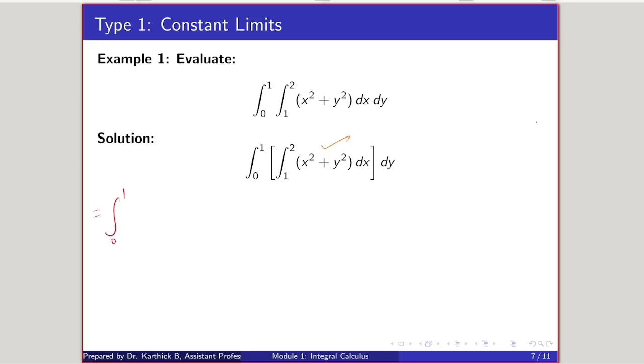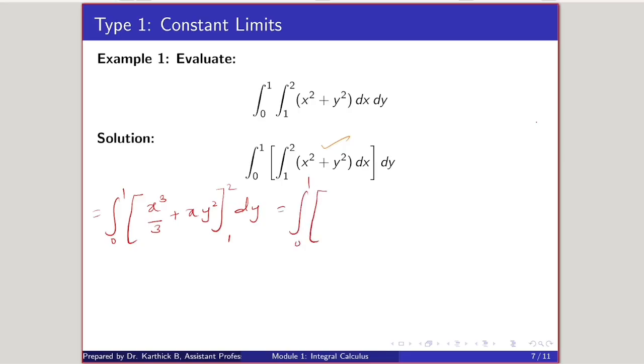I take 0 to 1, and if I integrate this with respect to x, it will be x cube by 3, then x y square, because with respect to x, y remains a constant. Then I take the limits 1 to 2, then the remaining y will be there, and here 0 to 1.